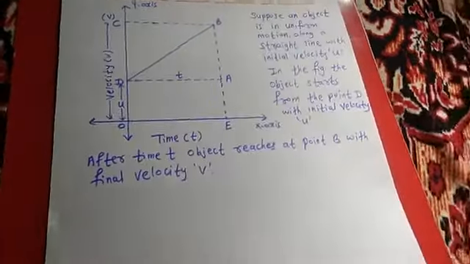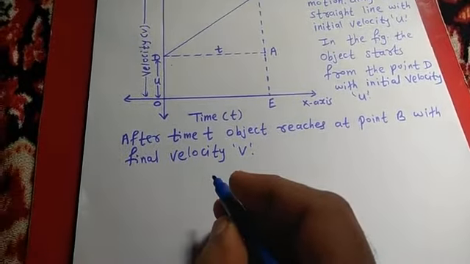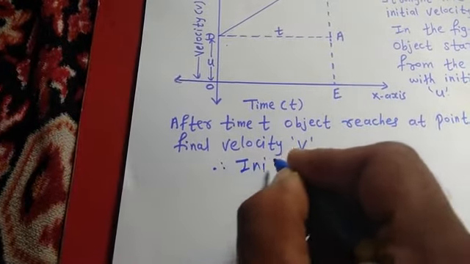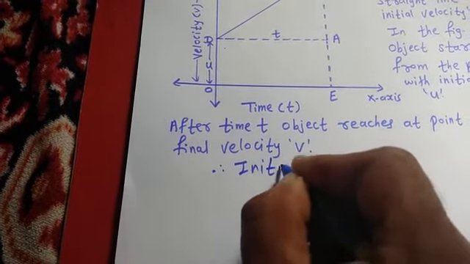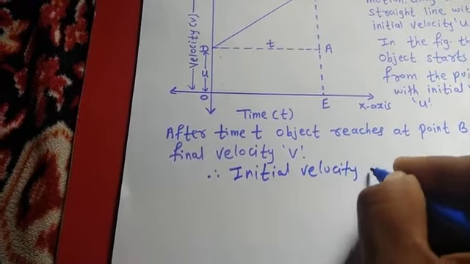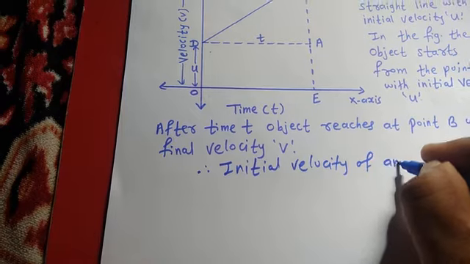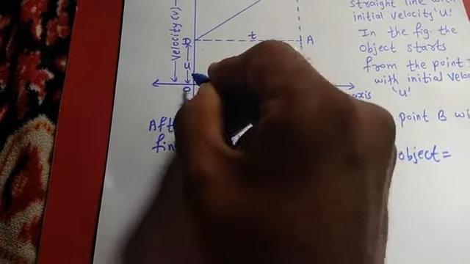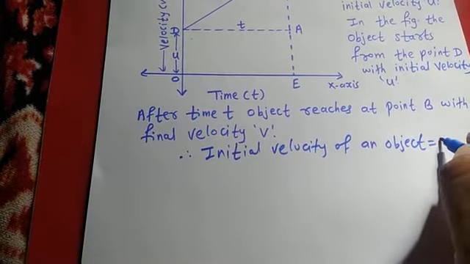Therefore, initial velocity of an object is equal to OD, which is u.